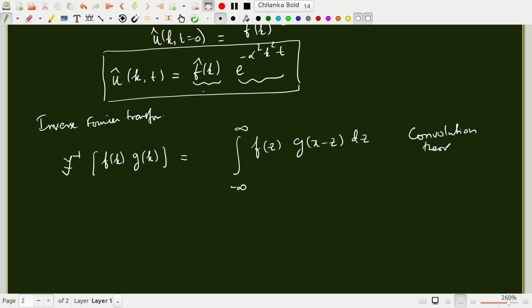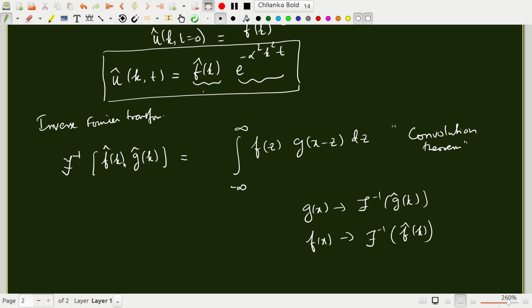You must have heard of a convolution theorem in Laplace transform. Here g of x is the inverse transform of g hat of k, and f of x is the inverse transform of f hat of k.